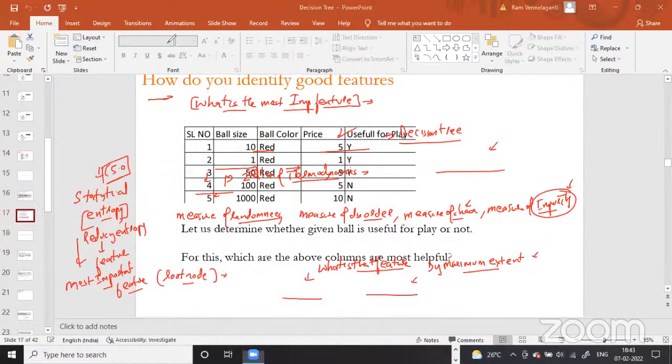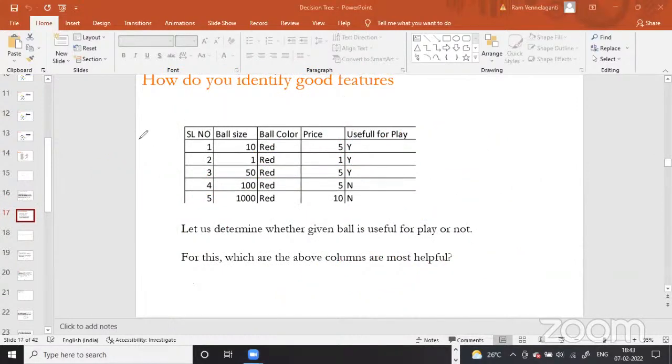Now, in general, how do we identify good features? Suppose I give you these three features, three independent variables: ball size, ball color, ball price.